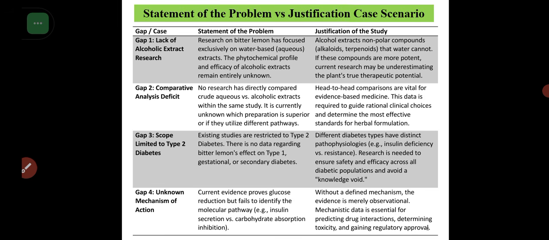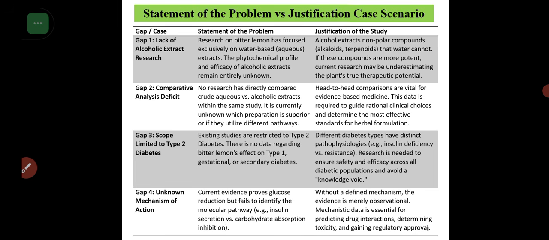Here it is. So we have gap 1, lack of alcoholic extract research. So how does my statement of the problem look like? Research on bitter lemon has focused exclusively on water-based or aqueous extract. The phytochemical profile and efficacy of alcohol extract remains entirely unknown.